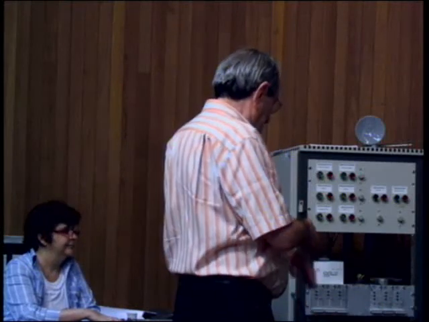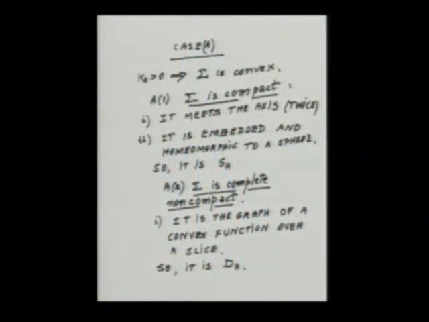Now we come back again to the end. Okay, so in case A, we were in the convex case, either compact or complete non-compact. The complete one is just that type HS, and the non-compact one is the graph of a convex curve of a slice. So it is EH.